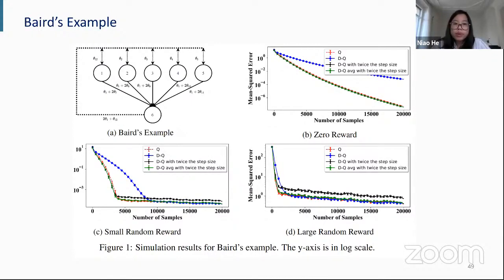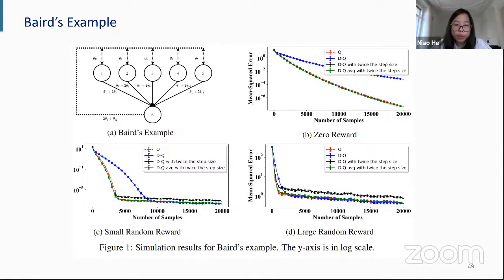In the theory, we've shown that double Q-learning with twice as large a step size actually has worse asymptotic variance compared to Q-learning algorithms. And here is again the Baird example that we discussed earlier, which is an example where Q-learning could fail when you use linear function approximation.